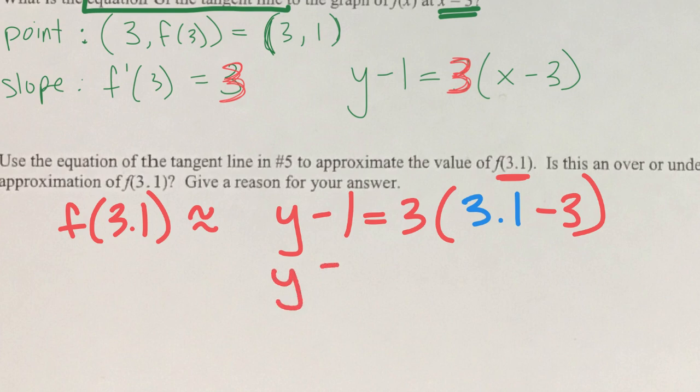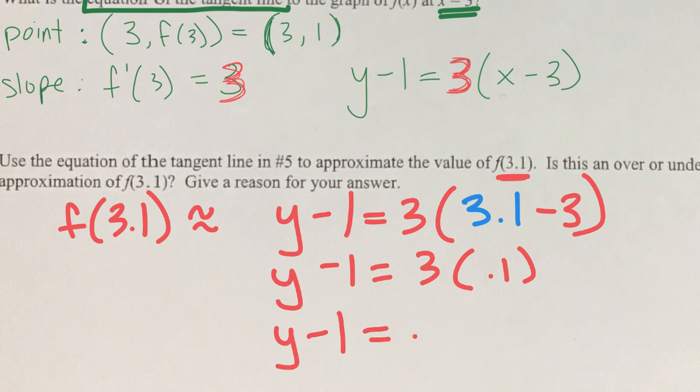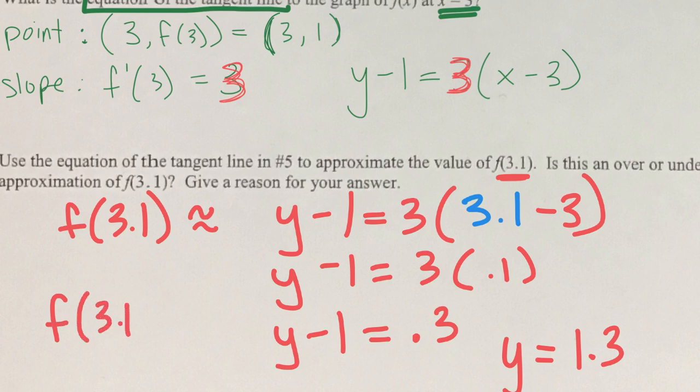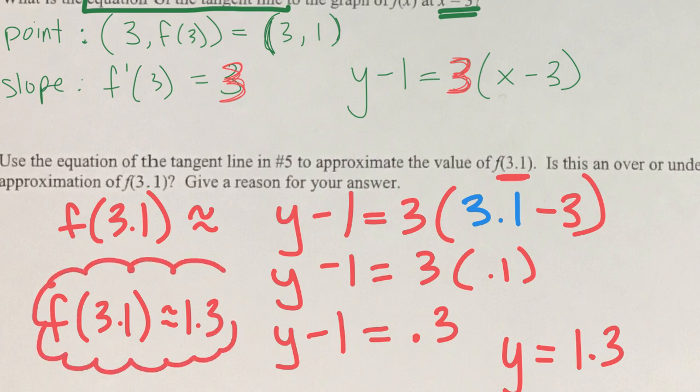So y minus 1 equals 3 times 0.1, when you do 3.1 minus 3. y minus 1 equals 0.3. So y is equal to 1.3. If we go back to our original question, f of 3.1 is approximately 1.3. That's the approximation using our tangent line.